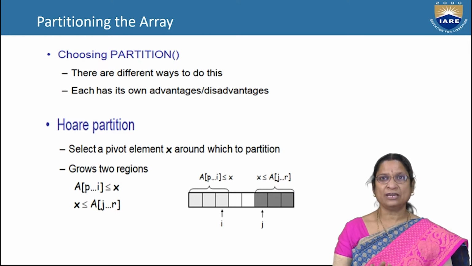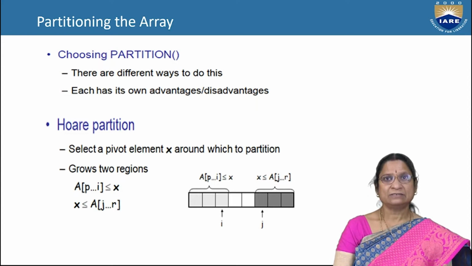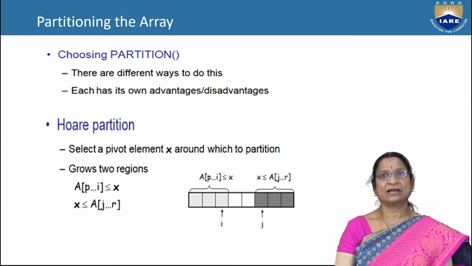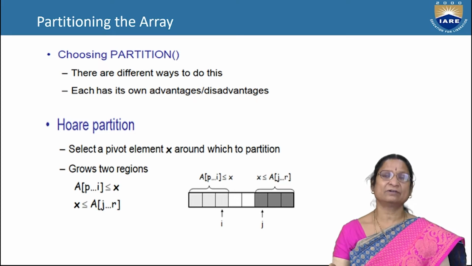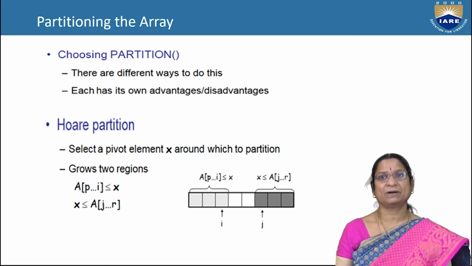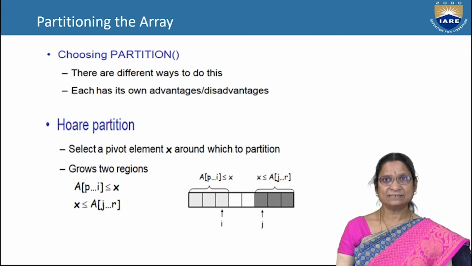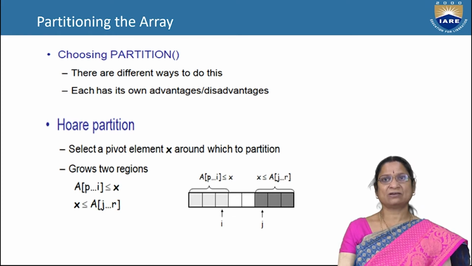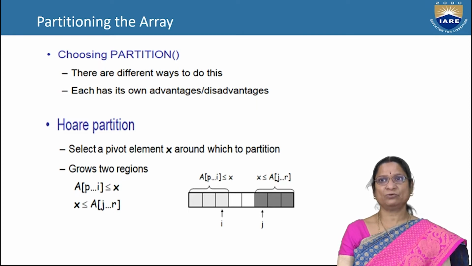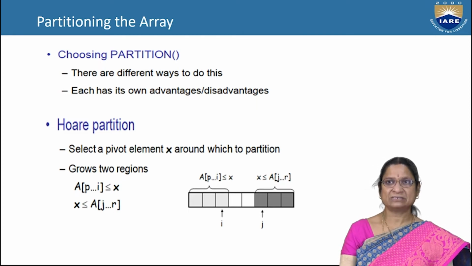Correct position means all elements lesser than the pivot element will be in the first partition, and all elements greater than this pivot element will be in the second partition. That means we will choose the partitioning logic in such a way that the pivot element is placed in its correct position. These two subregions: all elements lesser than or equal to the pivot element X will be in the first partition, and all elements greater will be in the second partition.